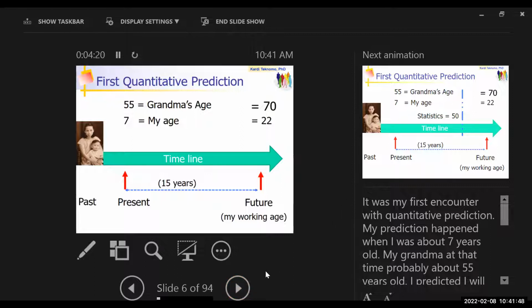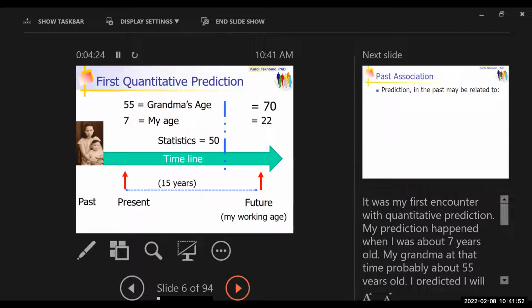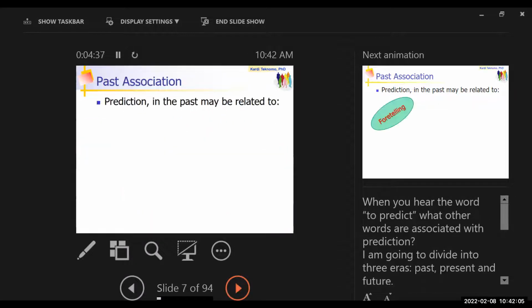And then, based on what I knew at that time, the statistics, my friend told me that people usually die at 50. So 70 is beyond the age limit of normal people at that time, right? So that is the decision of the prediction.